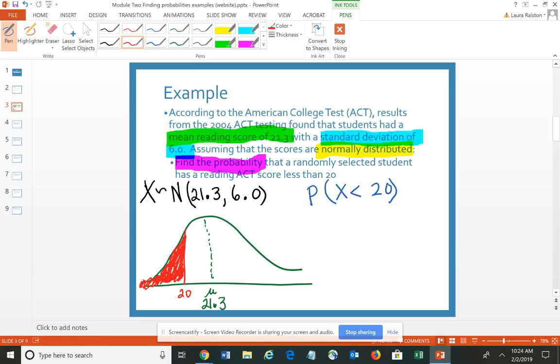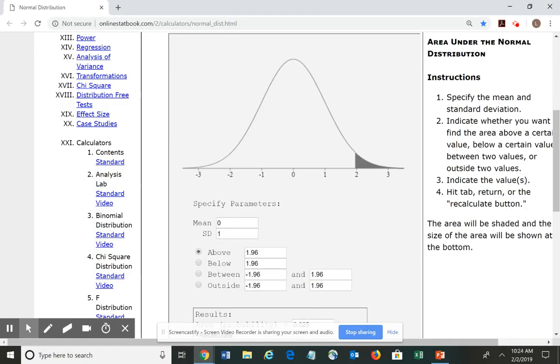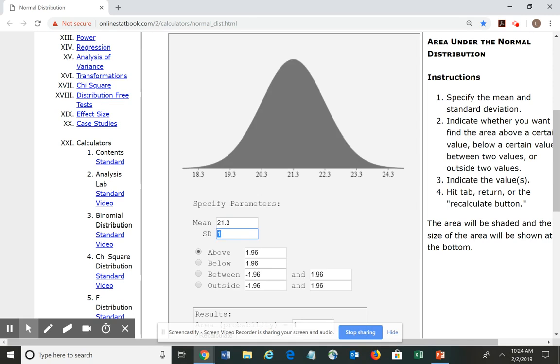So I'm going to go out to the website now. You have to enter the mean, which was given to us in the problem as 21.3. You have to enter the standard deviation, which was 6.0. And then we wanted to be less than. Less than implies we're below, so I'm going to check the box next to below.